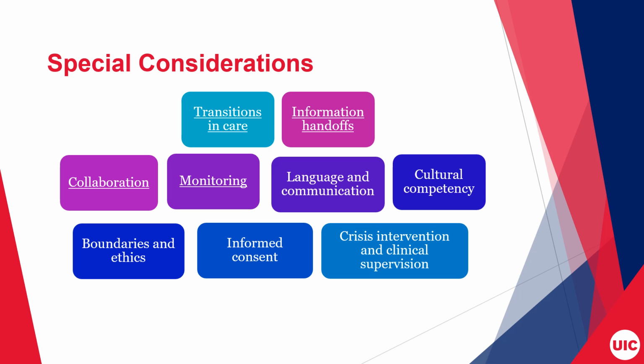Firstly, information handoffs. In many agencies, class members work with different staff or teams at different stages in the process. Every time a new staff person takes over the class member's care, there is the potential for valuable information to be lost.